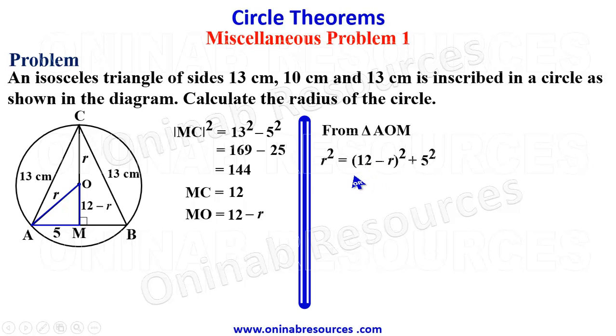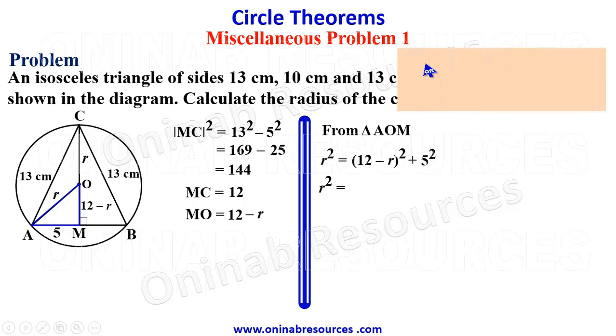So we are going ahead to expand (12 minus R) squared. That will be 12 minus R multiplying 12 minus R. 12 times 12 gives 144. 12 times negative R gives negative 12R. Negative R times 12 gives negative 12R.